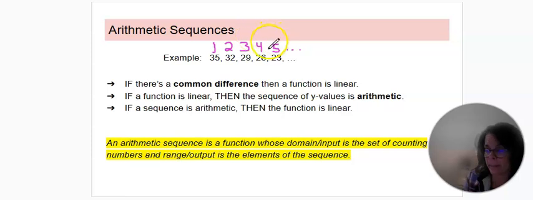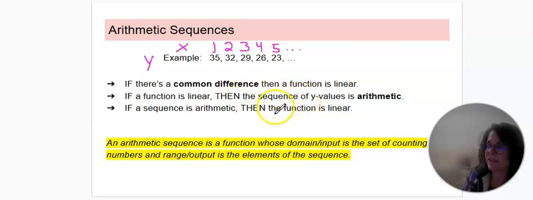The counting numbers are the x values of the sequence. So we have a function whose x values are counting numbers, and those are term numbers. So the second term is 32. The y values are the actual elements of the sequence itself.